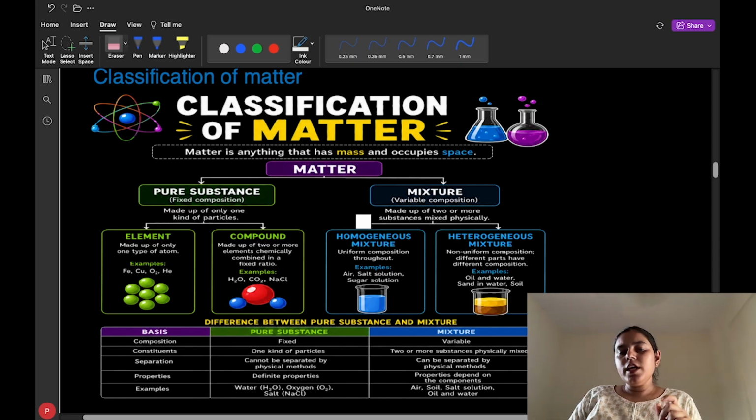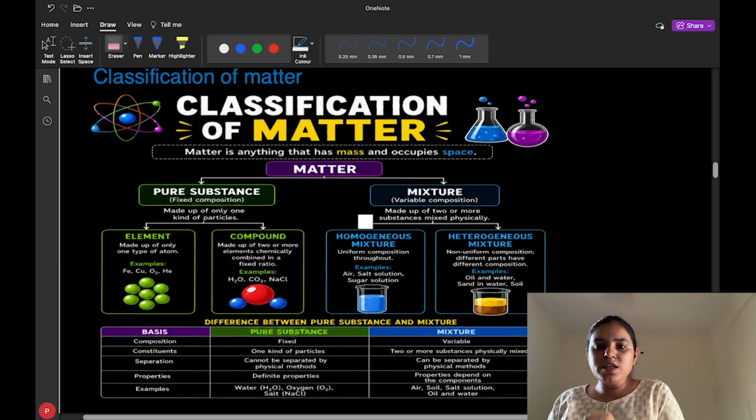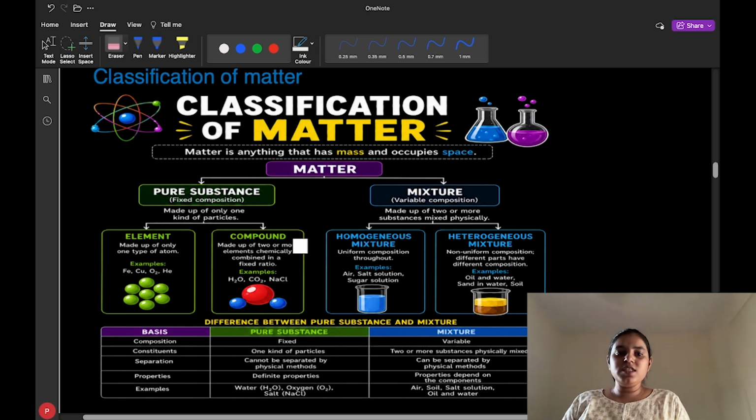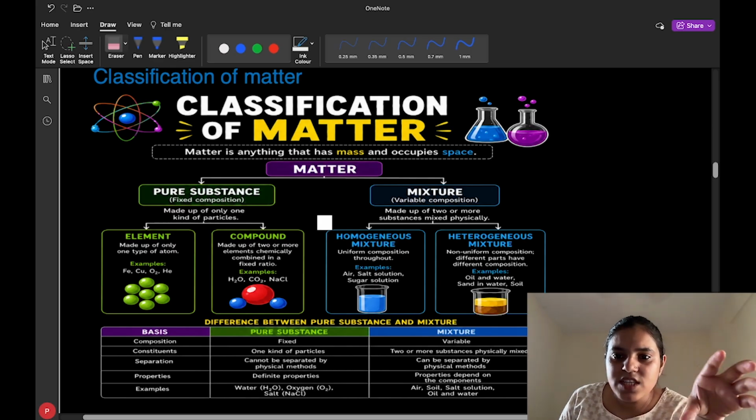Think about it for a moment. The answer is no. Pure water contains only one substance, while salt water contains two substances mixed together. Salt water contains salt and water. So, based on composition, matter can be classified into pure substances and mixtures.